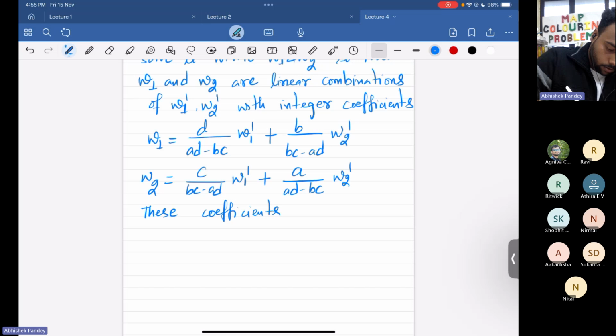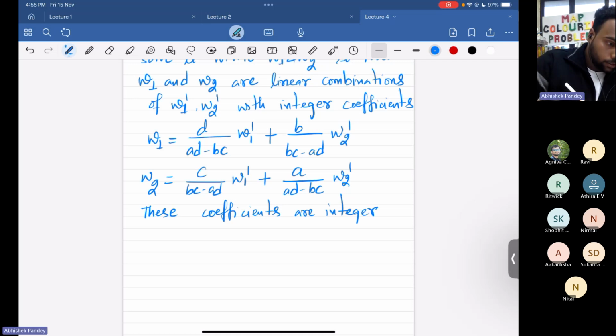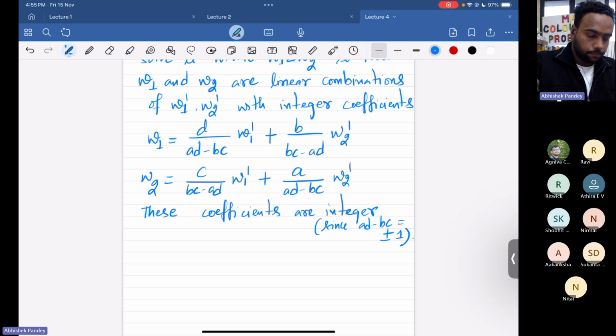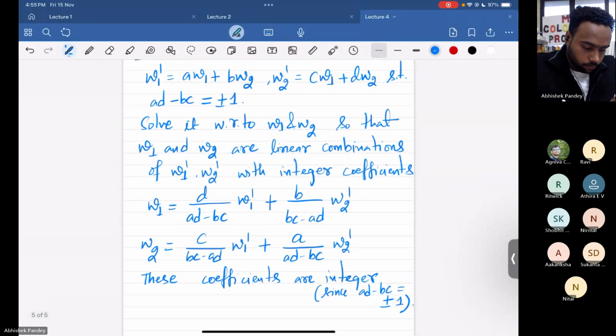These coefficients are integers, since AD minus BC is plus or minus 1. So what does it mean? Both have the same base, I think.